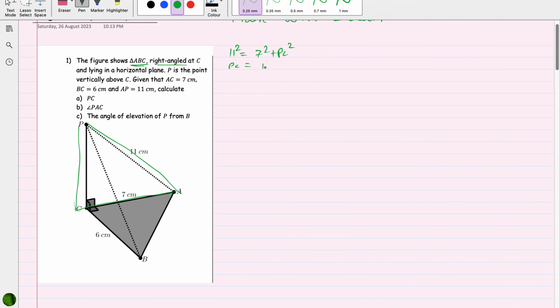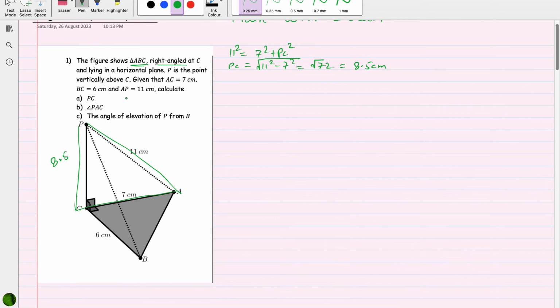So PC is the square root of 11 squared minus 7 squared, that is the square root of 72, which is 8.5 centimeters, rounded to 1 decimal place.